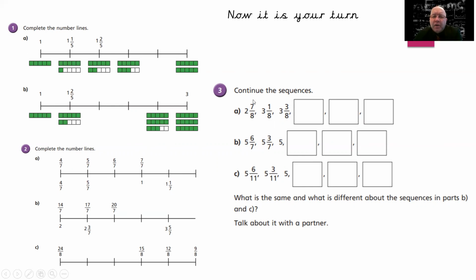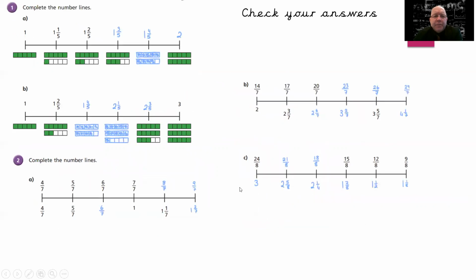And then finally, number 3, we've just got the mixed numbers here. Complete the sequence and then tell me what's the same and what's different about B and C. Okay, pause the video, have a go at those 3 questions. Right, let's take a look. Remember to mark your work, please.